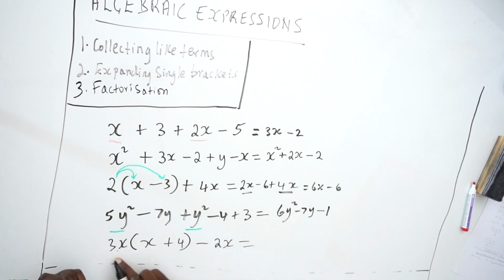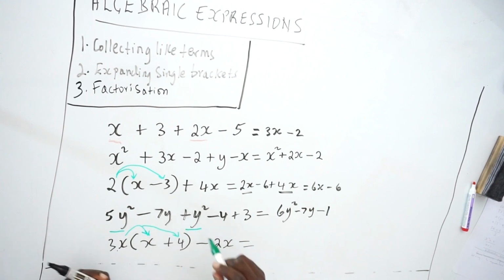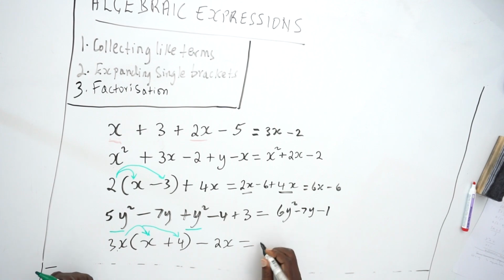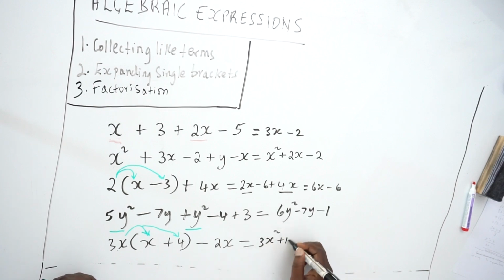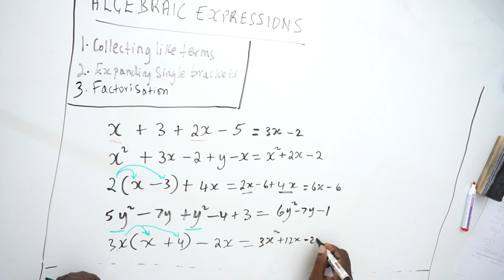In this example, expanding the brackets, the 3x will multiply the x and also the 4, giving us 3x squared plus 12x, because 3 times 4 is 12, but 12x, then minus 2x.